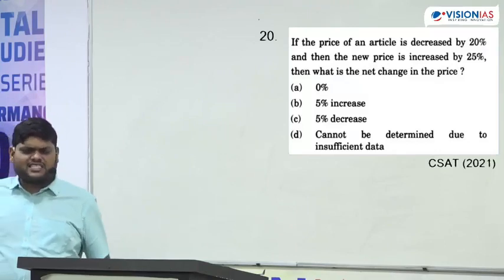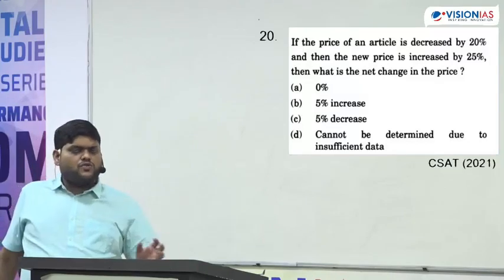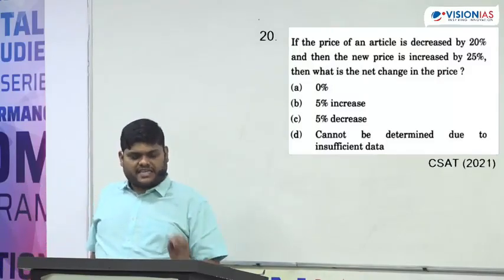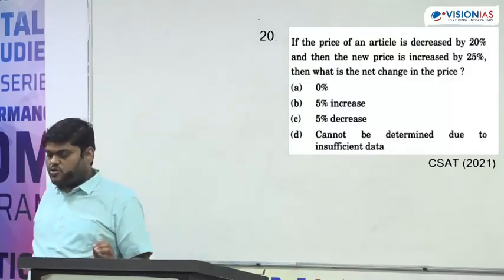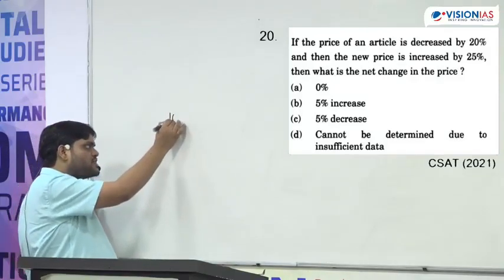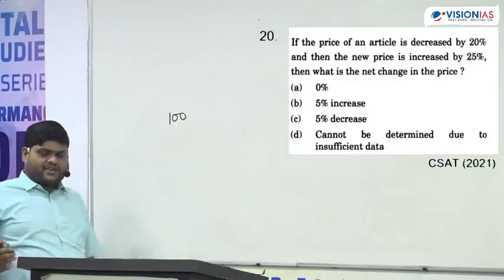Again, the logic is same. Every data is given in percentage, and the final answer is also asked in percentage. What we will do? We will take the total value as 100.